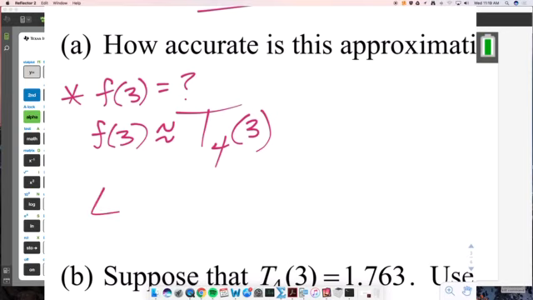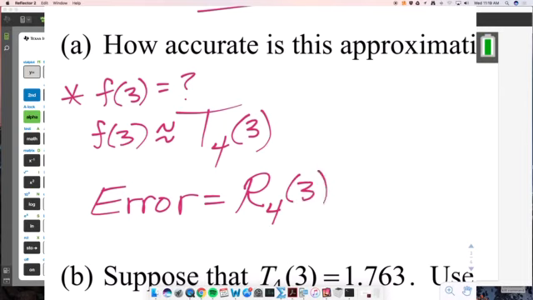So here's what we could say. We could say that the error, which we're going to call R sub 4 of 3, is kind of the notation we use. R for remainder. The subscript refers to the 4th degree polynomial that gave us the approximation, and then we're evaluating it at 3.